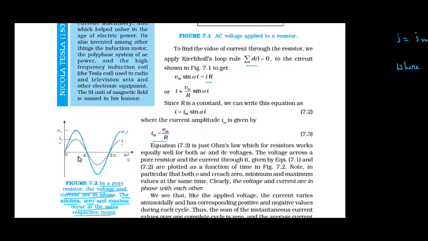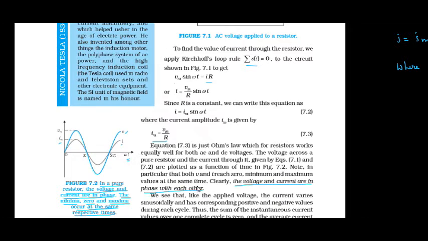So here minima, 0 and maxima occur at the same respective times. Therefore, the voltage and current are in phase with each other.